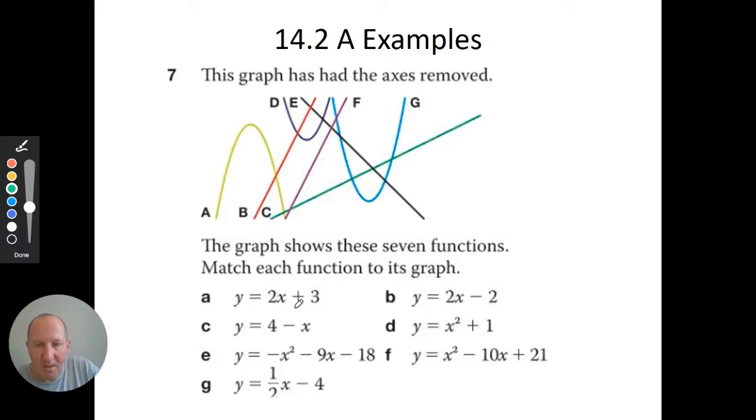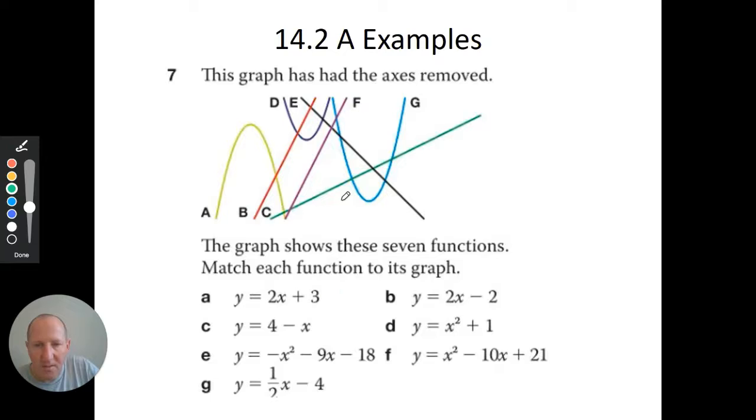Now look at the intercepts, plus 3, minus 2. So this one is going to be lower down, because it's going to cross the y-axis lower down, because its intercept is minus 2. So F must be what the answer is for B, and the other one which I'm saying is C, is the answer for A.